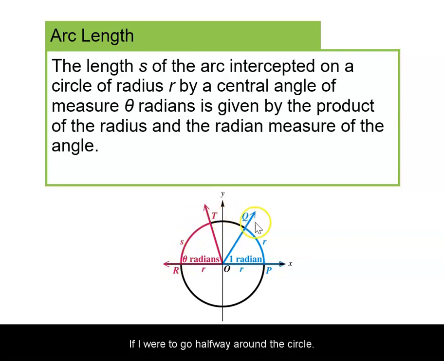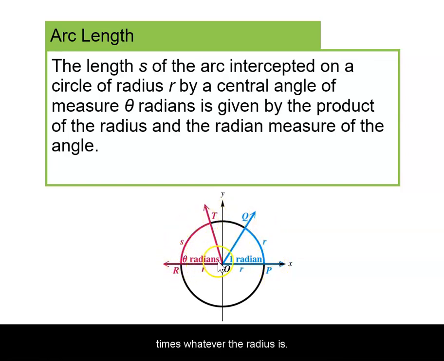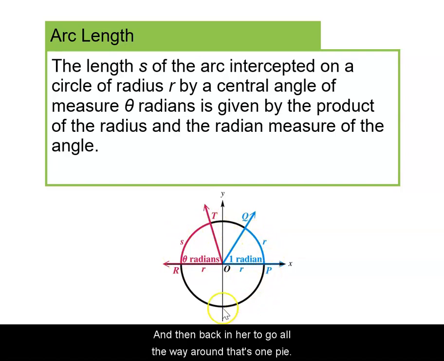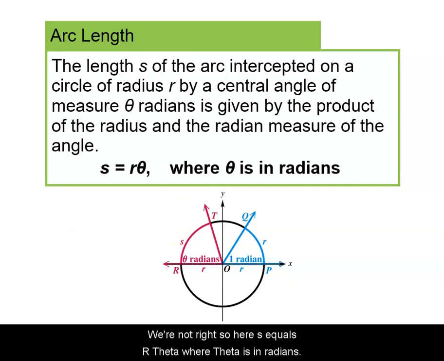If I were to go halfway around the circle, that's 1 pi radians. So that would be pi times whatever the radius is. And in fact, in order to go all the way around, that's 1 pi, 2 pi. So that's where this formula comes from, if you were not aware of that. So here S equals R theta, where theta is in radians.